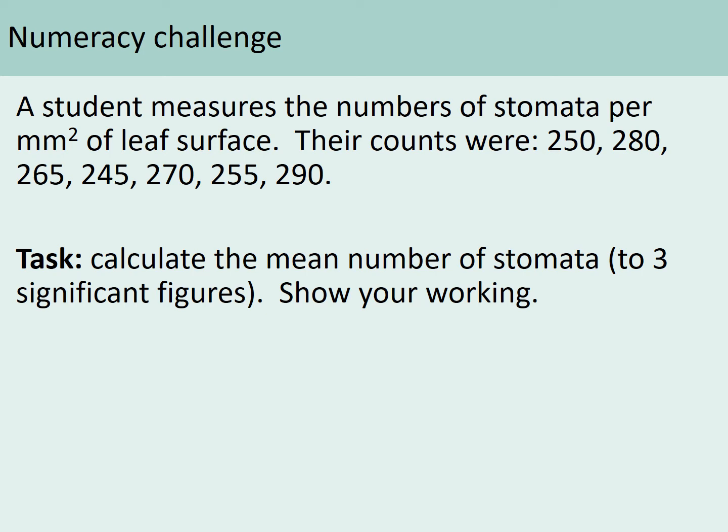So in a practical, a student measures the number of stomata per millimetre squared of leaf surface, and you would do that, quite a basic way of doing that is just to put some nail varnish on the underside of a leaf and then peel that off, put it under a microscope, and you can actually count the number of holes. And when they did that, they found their counts were 250, 280, 265, 245, 270, 255 and 290. So what I would like you to do is calculate the mean number of stomata.